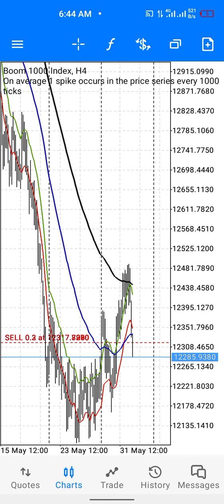We add the trend line to make an entry using this indicator with the guide of the moving averages, the blue MA, which is 50, and the black MA, which is 100.